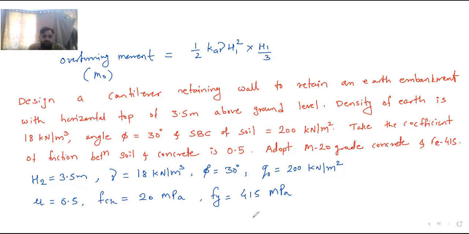Okay. So our first step is we will calculate the coefficient of active earth pressure. We will calculate the value of Ka first. So here I will write coefficient of active earth pressure Ka.